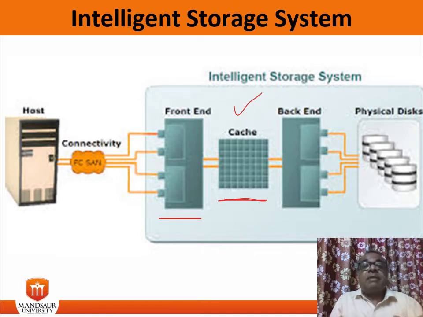So various cache management algorithms are implemented in the intelligent storage system, by actively maintaining a set of free pages and a list of pages that can potentially be freed as and when required.